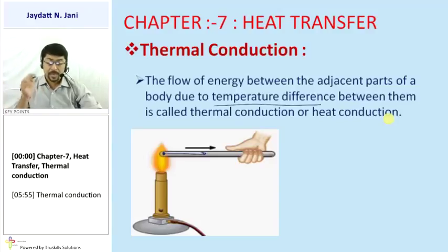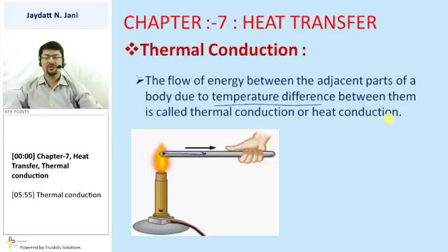But thermal conduction depends on some factors: the area of that rod, the length of that rod, the time for which we have passed heat there, as well as the change in temperature with respect to length, that is also important there.